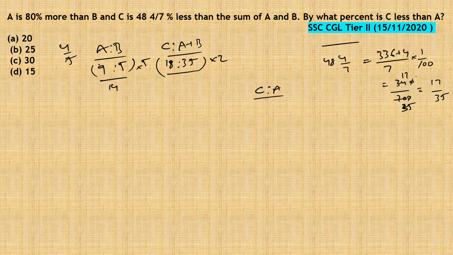Now the value of C, 18 2s are 36, and the value of A, that is 9 5s are 45. By what percent is C less than A? 45 minus 36, 9 less than A, that is 9 by 45 into 100. 100 by 5 is equal to 20%. That is option number A.